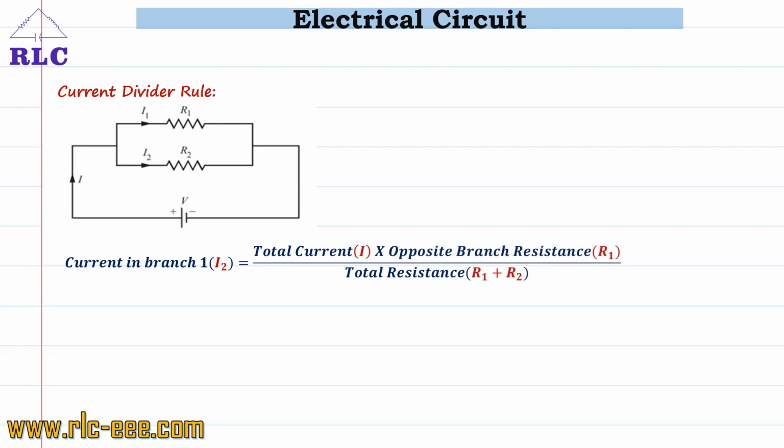So we can write I2 is equal to total current I into R1, divided by the sum of all the resistances, R1 plus R2. So current in branch I2 is equal to main current into the opposite resistance R1, divided by the sum of all the resistances.